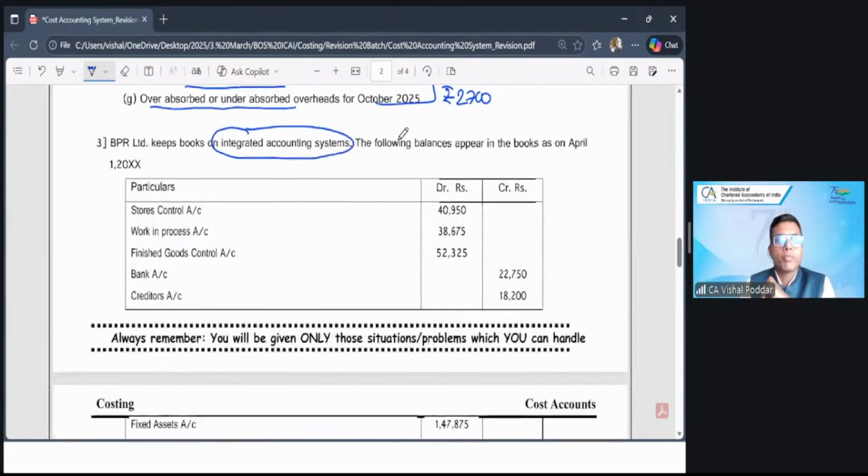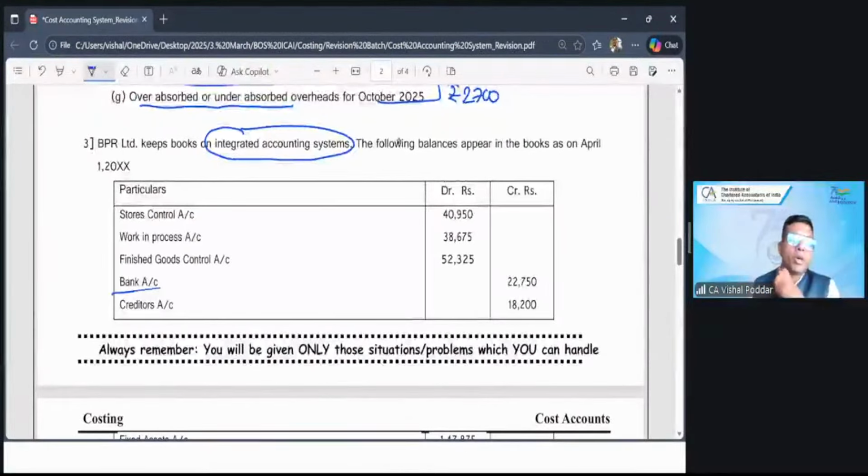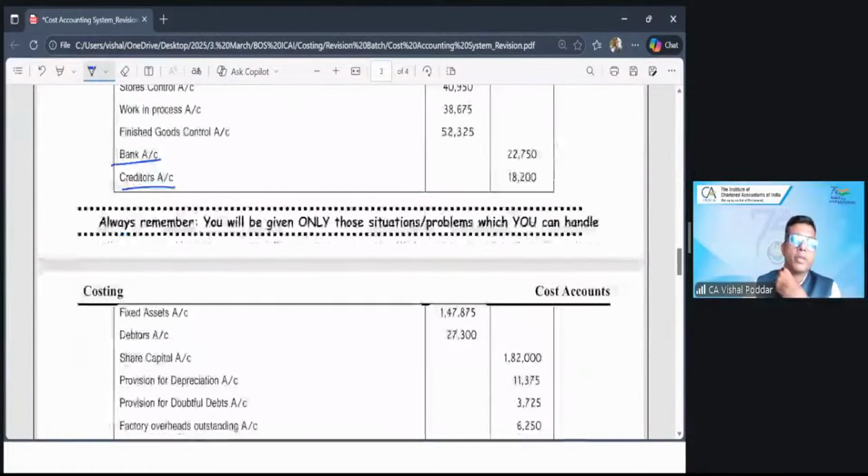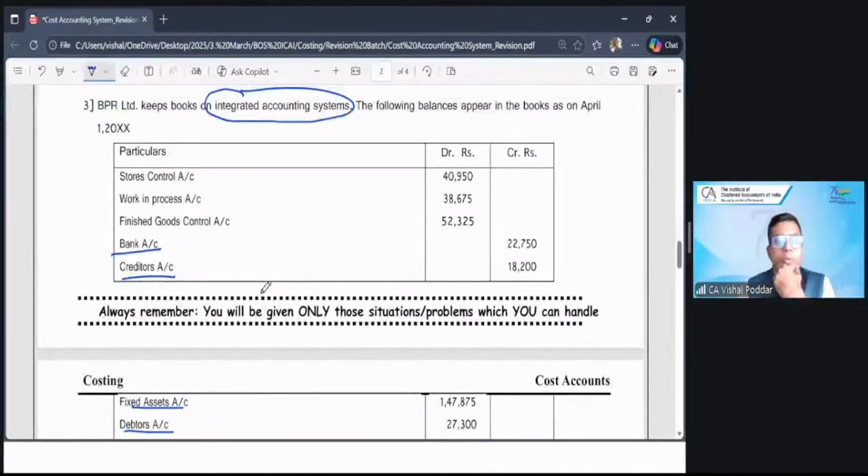Now, in case of integrated, what is the difference? Now you'll have all the respective assets and liabilities accounts to see. So you're having all these balances. So first, now you'll be opening all accounts separately. So SLC, WIP, FG is already there. But now instead of CLC, which we prepare in non-integrated, in integrated, you will prepare separate accounts.